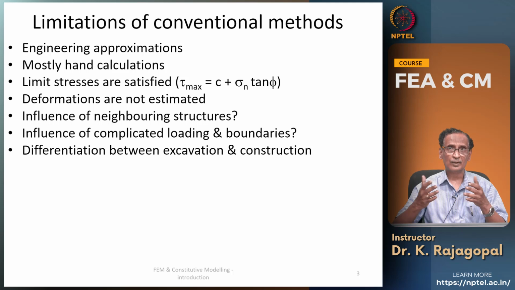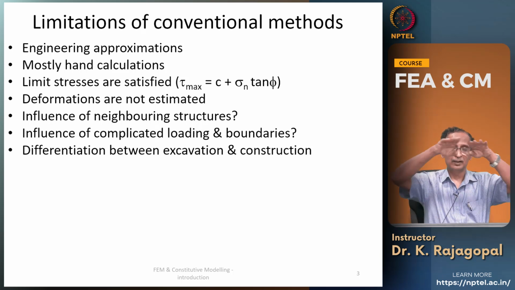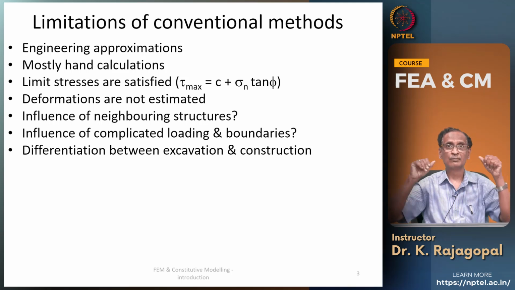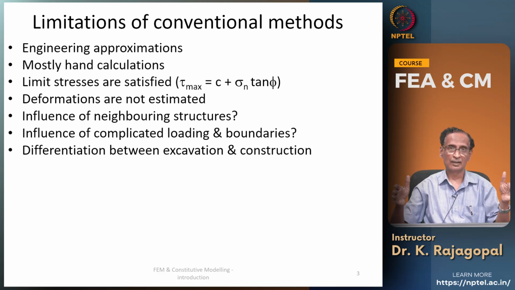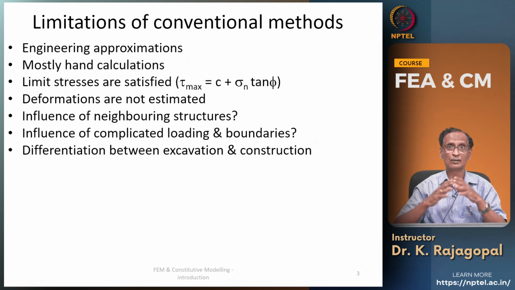And when we do these simple calculations, we will not be able to differentiate between the response that we get during excavation or construction. Let us say you want to build a retaining wall or a slope, and we can build that slope by placing the soil and doing the compaction, or doing the excavation of the existing soil.